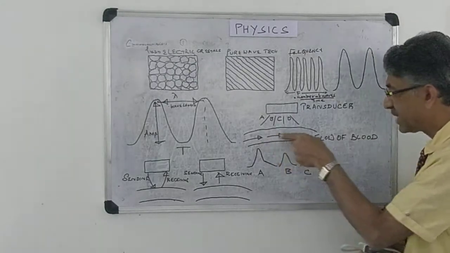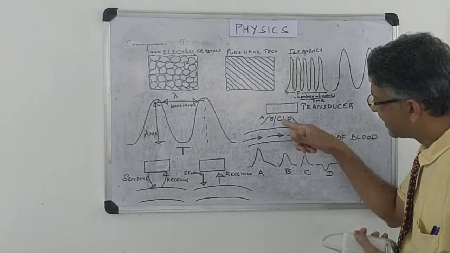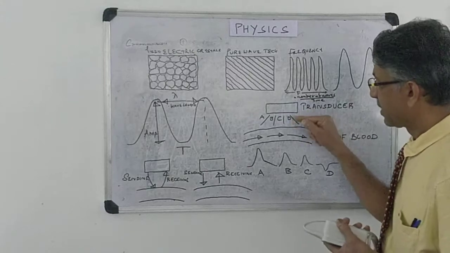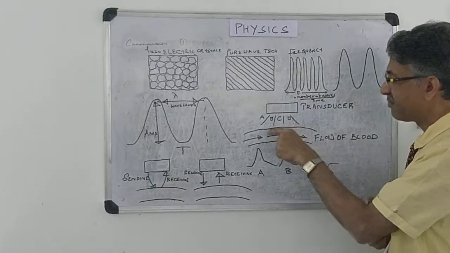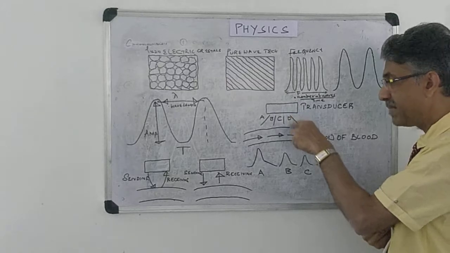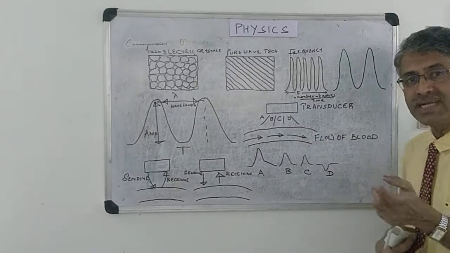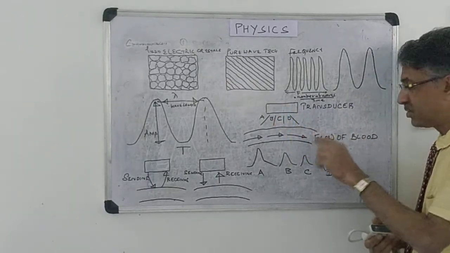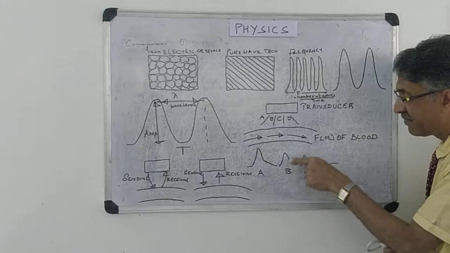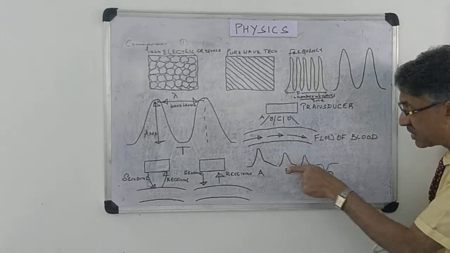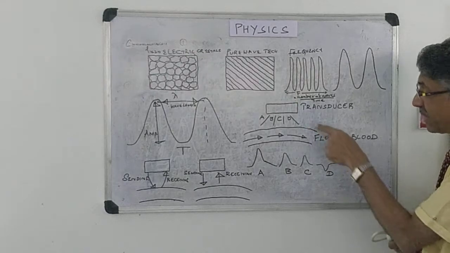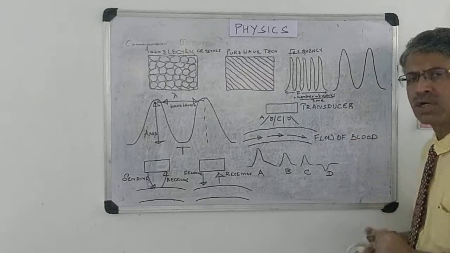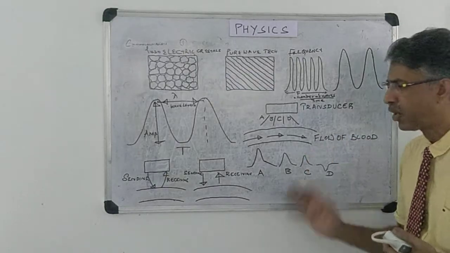But as you see here, the angle at C is almost 90 degrees, where the angle between the flow and the beam is increased. With more increment in the angle, the velocity is also reduced, and the high frequency Doppler signal starts receding at one point of time. When the beam is away from the flow of blood, it reverses also. This is in short the Doppler principle that happens in the human body.